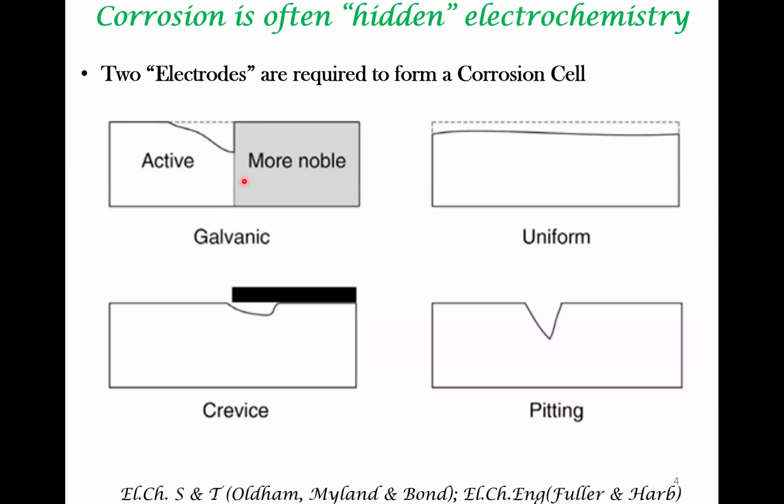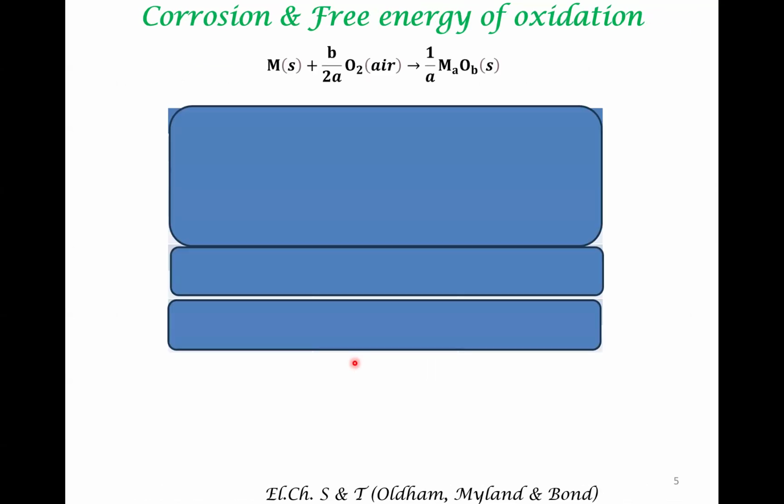There are other instances, let's say crevice or pitting corrosion, where again, as opposed to uniform or generalized corrosion, you may be able to identify slightly two kinds of regions within the same material which is undergoing corrosion. We will look at all these things in subsequent lectures.